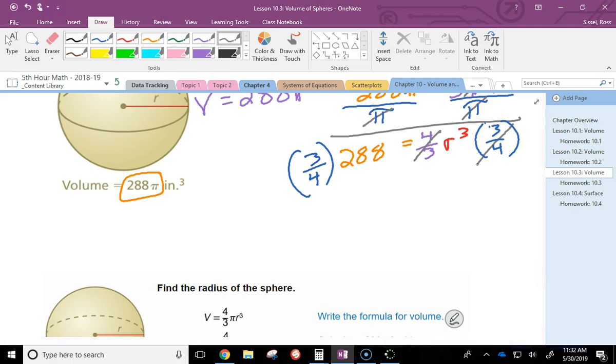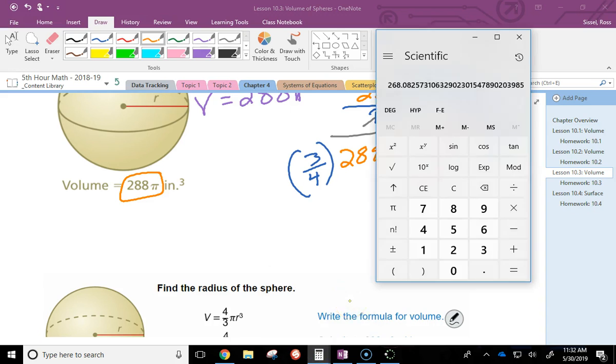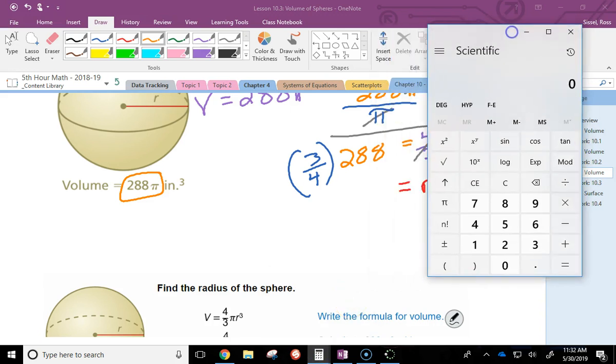And I'd have r cubed left over. But on this side of my calculator, kind of like Avery was telling me earlier, I'm going to do 288 times my numerator 3, and then I'm going to divide by my denominator.